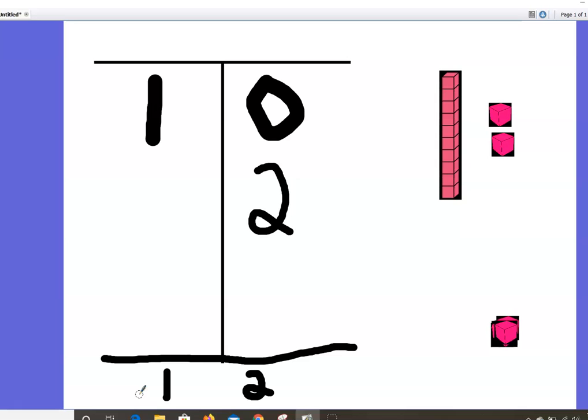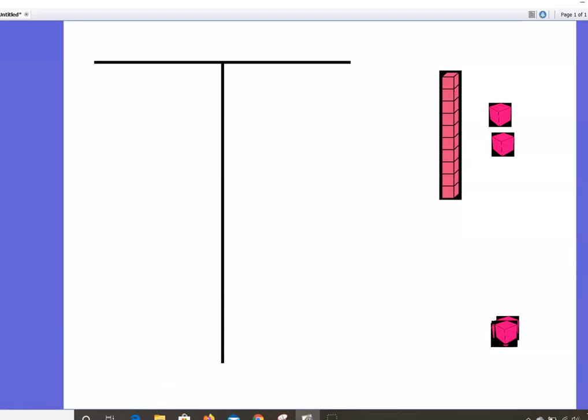But there is an easier way to think about 10 plus problems. Because we know we're starting with 10, we know we're starting with 0 in the ones place, right? So anytime we add ones, we can pretend that the 0 doesn't exist. So let me show you that addition problem again a different way.